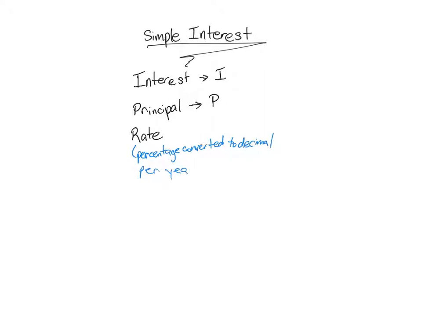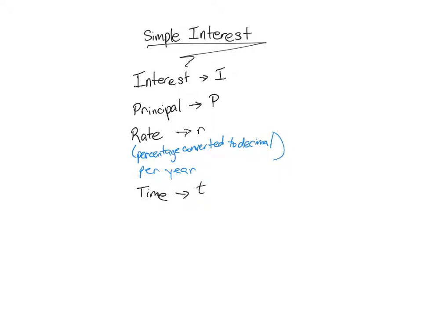So that's the percentage of the money that you will be calculating the interest for per year. That sounds a little bit confusing, but you will see what I mean in just a second. And we use, you guessed it, the letter R, and time. And we're going to be doing everything annually. So this is time per year, or number of years, sorry. And we're going to use the letter T.